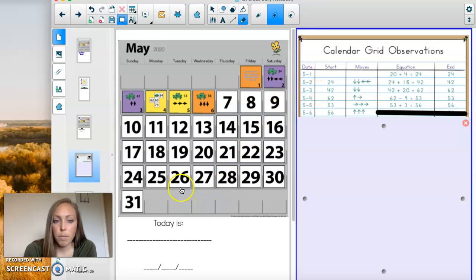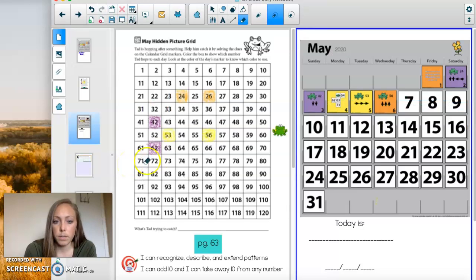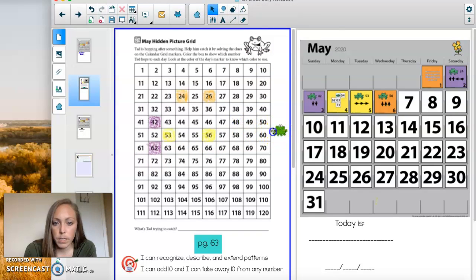Okay, if we look back to our number chart, we have Tad who started on the 56 and he hopped 3 hops up. Now I want you to ask yourself, when he hops up, are the numbers getting bigger or smaller? They are getting smaller.